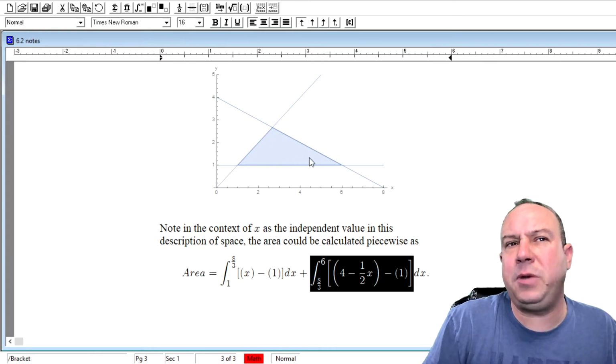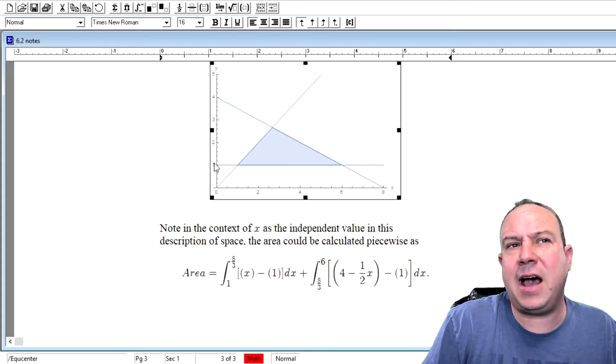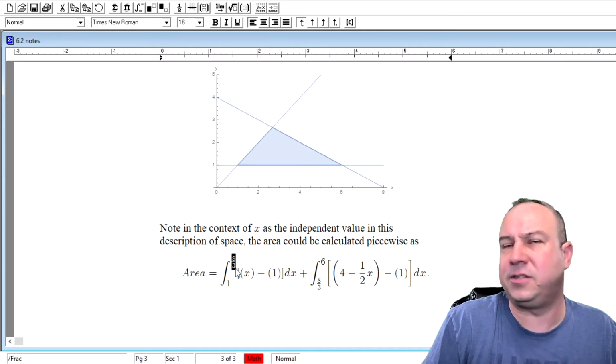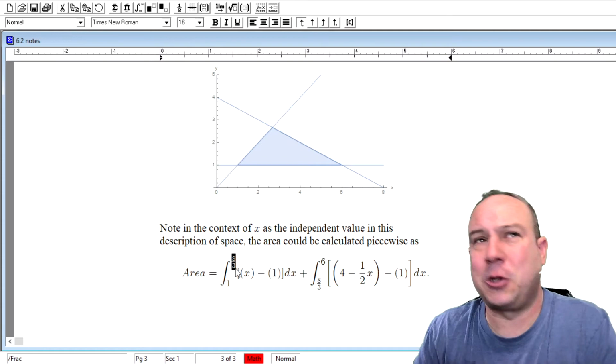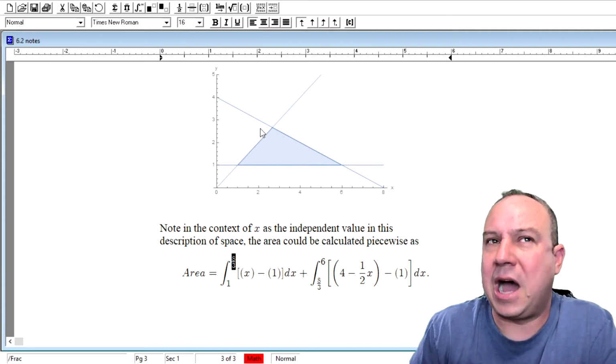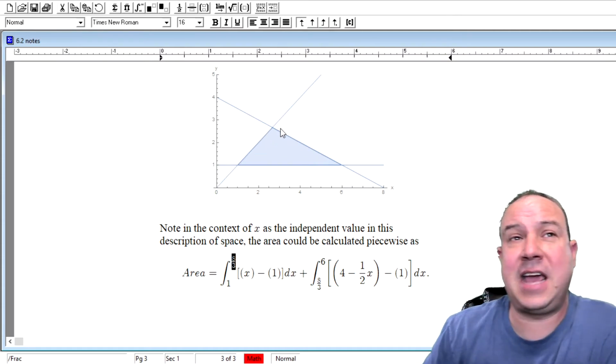This region can also be considered to form over an infinite number of lengths starting here at a y value of 1 and continuing all the way up to this point in space at this particular value of y that you could find algebraically using a similar method to what we used to find 8/3 down below. Coincidentally, that value is also 8/3 along the y-axis. Now that's just coincidental there, folks.